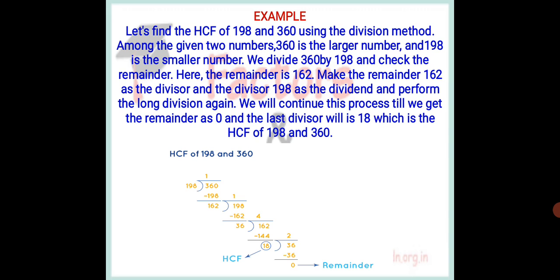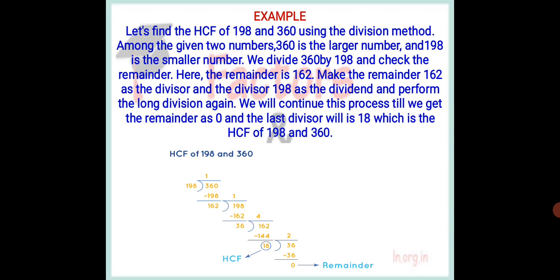Now the remainder becomes the divisor, and the divisor of the first step, that is 198, becomes my new dividend. Now divide, it will work one time, and subtract 162 from 198. We will get remainder 36.